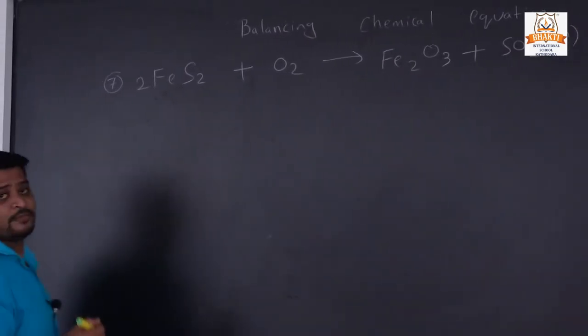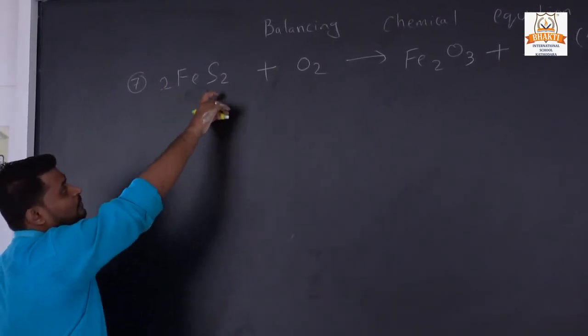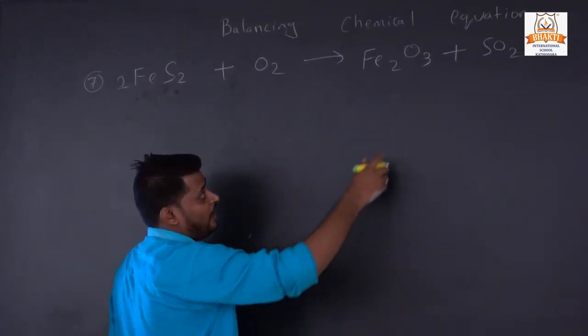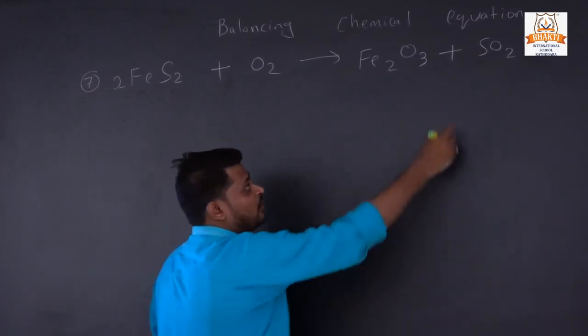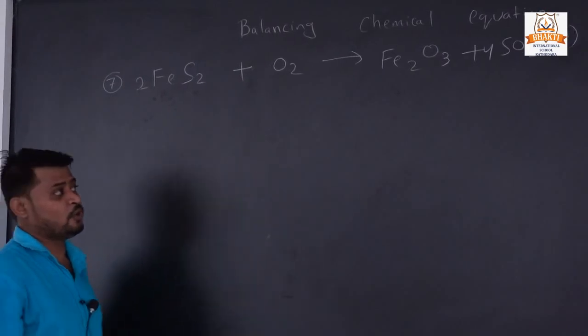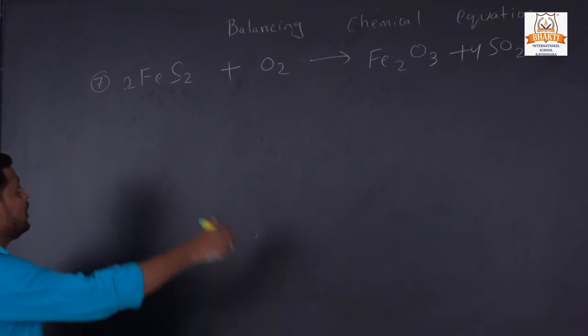Now our next step, non-metal. Here the non-metal is sulfur, and sulfur is 2 twos are 4 in the reactant and in the product sulfur is 1. So we have to multiply here by 4. Now we have changed the non-metal molecules, so we have to check the metal again.